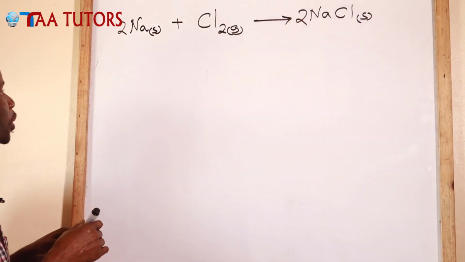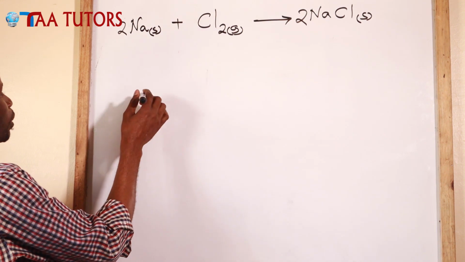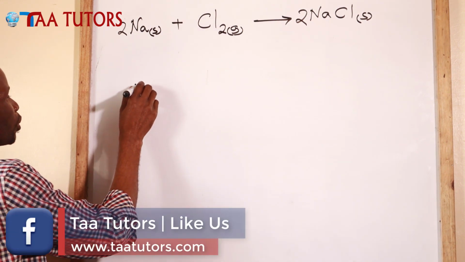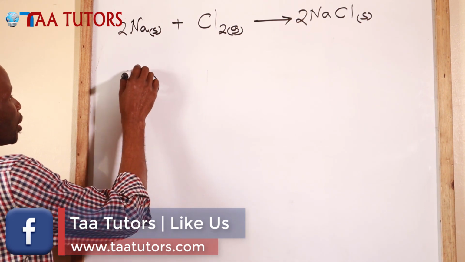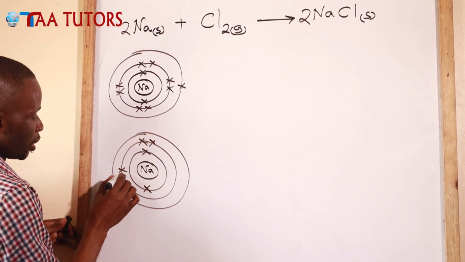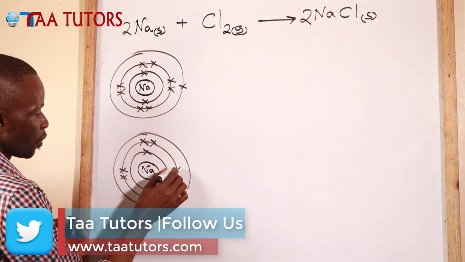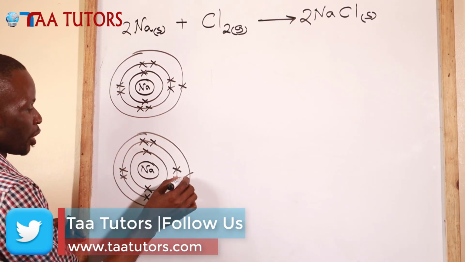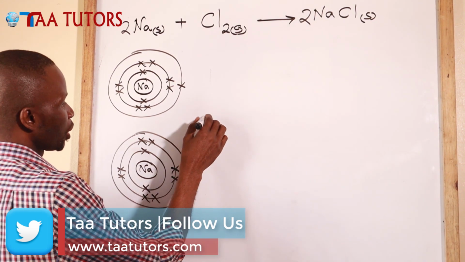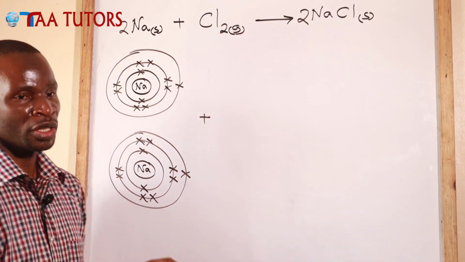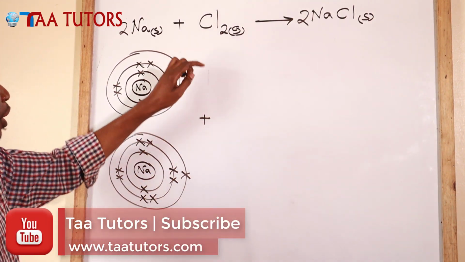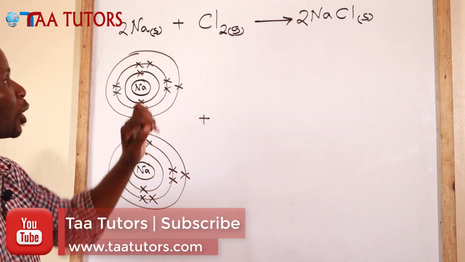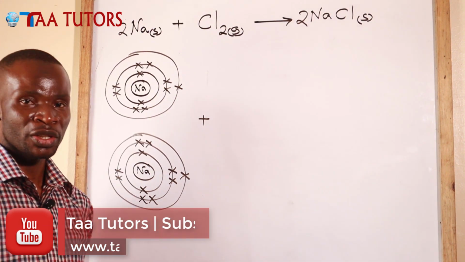So if I want to do the same, I know that these are monoatomic atoms, so I'm going to draw sodium atoms here, 2, 8, 1 for this particular reaction. They are reacting with chlorine. Chlorine, as I have said before, is a diatomic molecule, and this diatomic molecule has a covalent bond inside there.